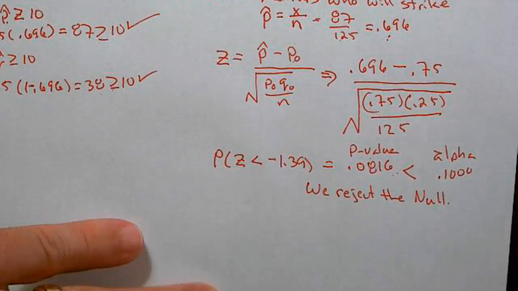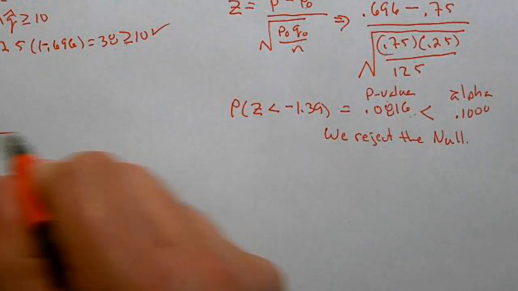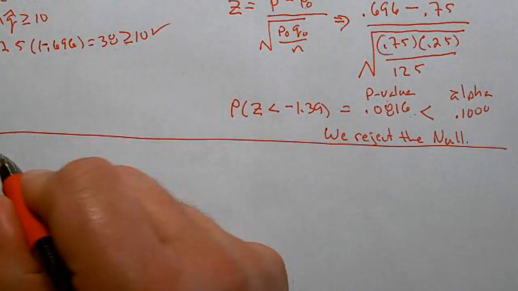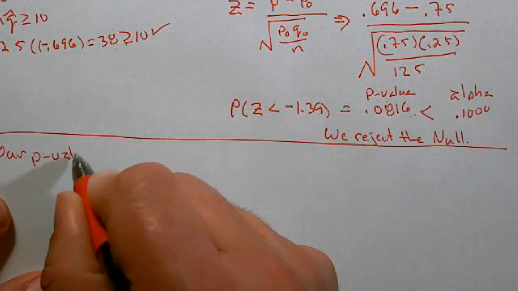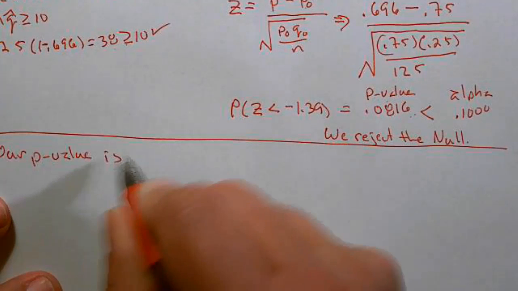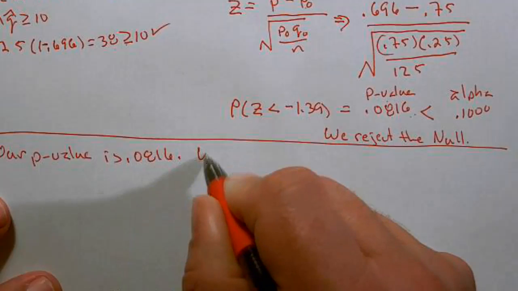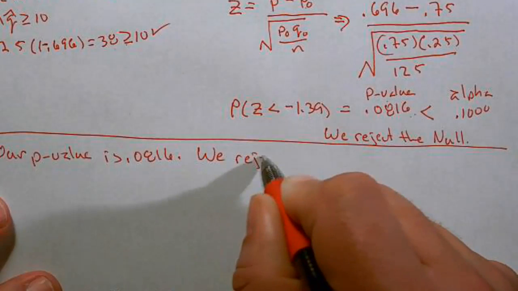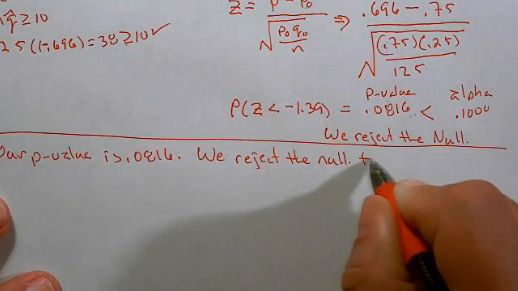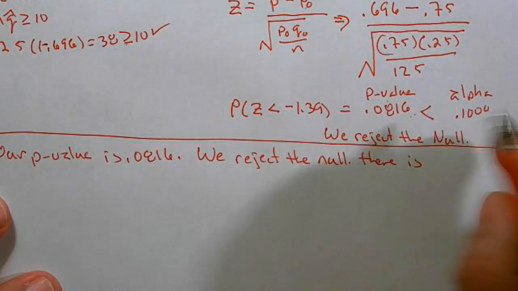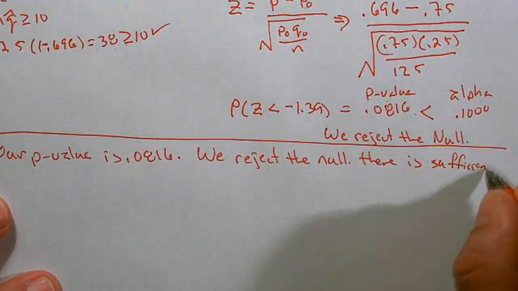So we're going to go ahead and start writing this out. We're going to start writing our conclusion. Our p-value is 0.0816. We reject the null. There is sufficient, in other words, there's plenty of evidence, we have enough.